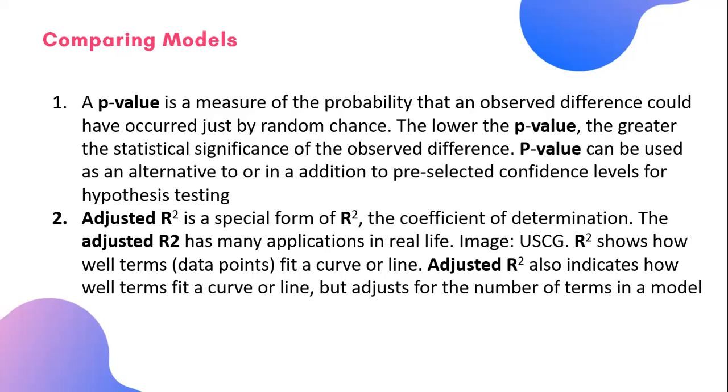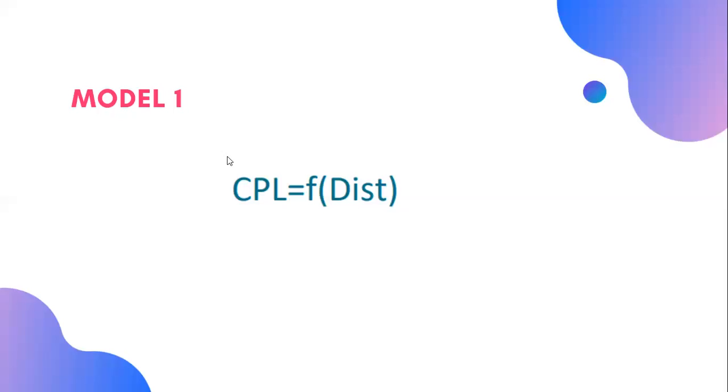The data I am going to be using is Duffy Industries data. In the first model, the cost per load, the Y variable, is dependent on one X variable, which is the distance traveled.